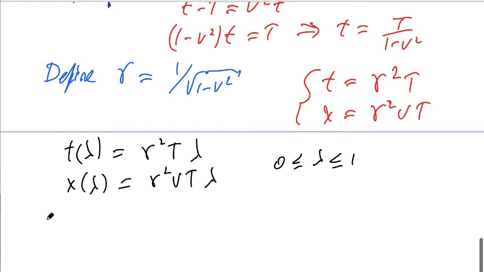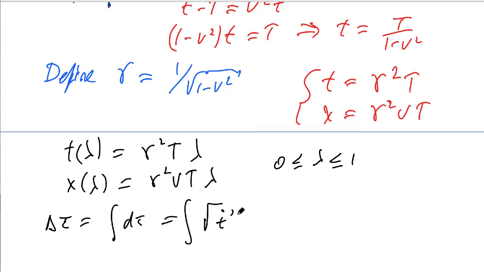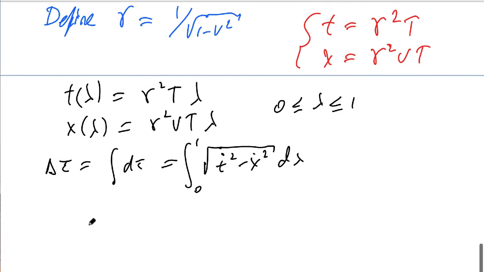And so now the proper time interval, we call it delta tau, that's the integral of d tau. It's the integral of the square root of t dot squared minus x dot squared d lambda from lambda equals 0 to 1, where dot denotes differentiation with respect to lambda. And now t dot is just gamma squared times capital T, and that's squared.